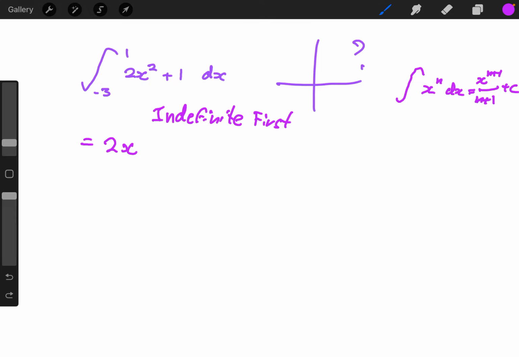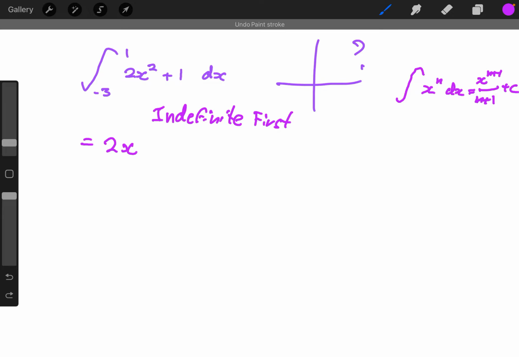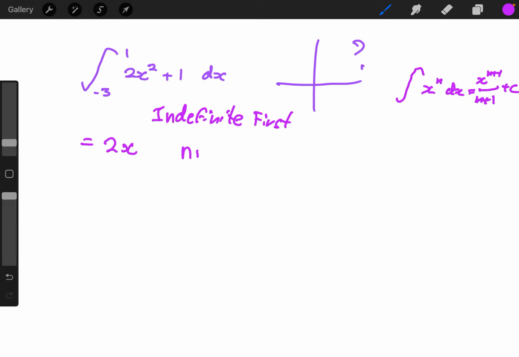So that equals that for most integrals, and in our case the n value is 2. n equals 2. So therefore n plus 1 is 3. So it becomes 2 over 3, x to the 3.